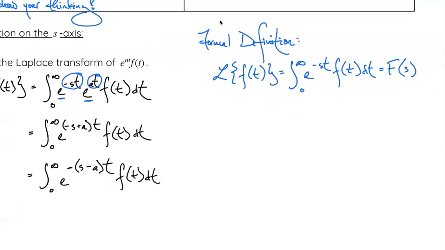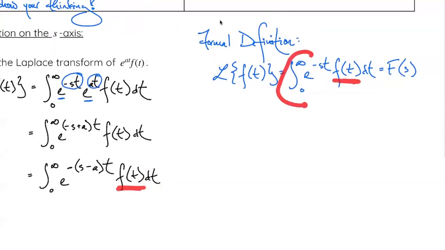And so what we're trying to do here is find a little bit of structure that is parallel between the two. And so we might notice that there is a dt in both the formal definition and the version we have here, okay? We have an f of t, which we have in both.